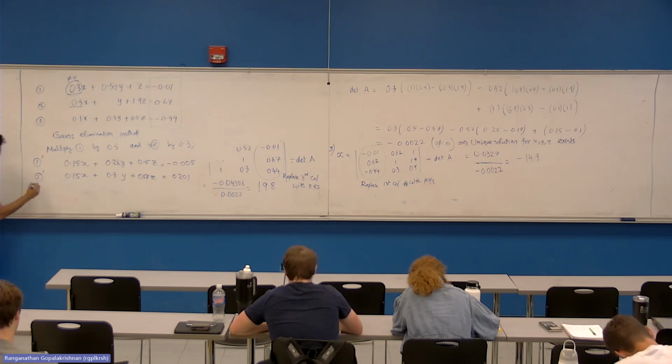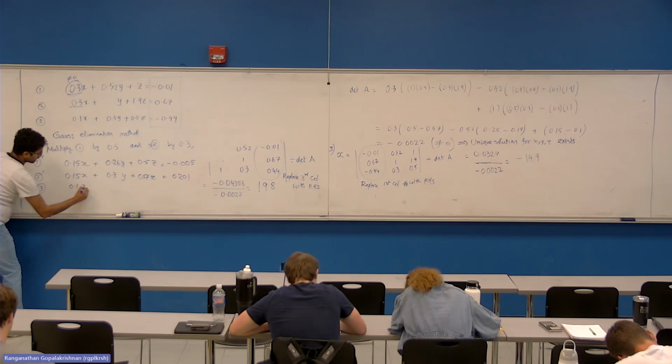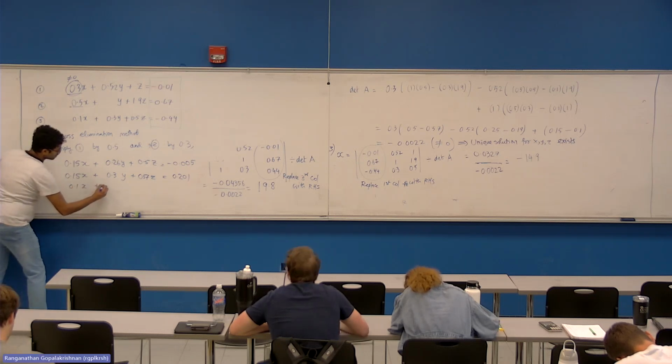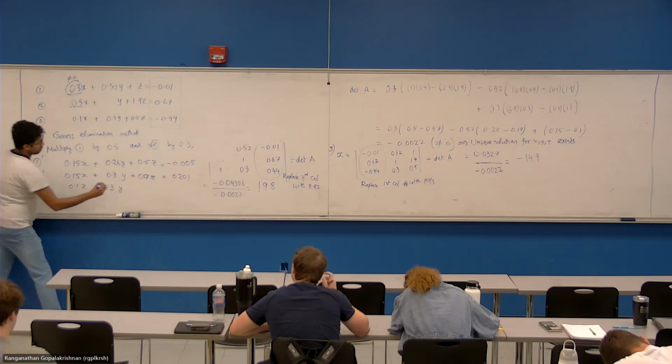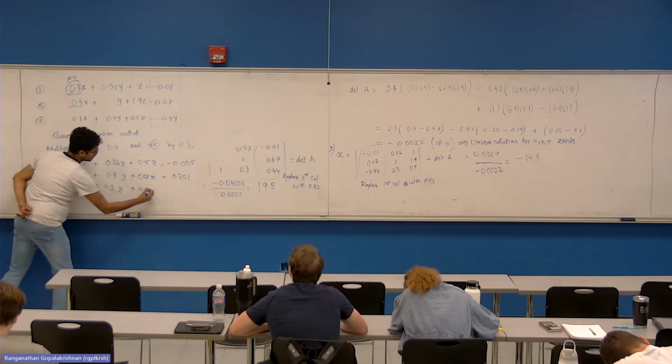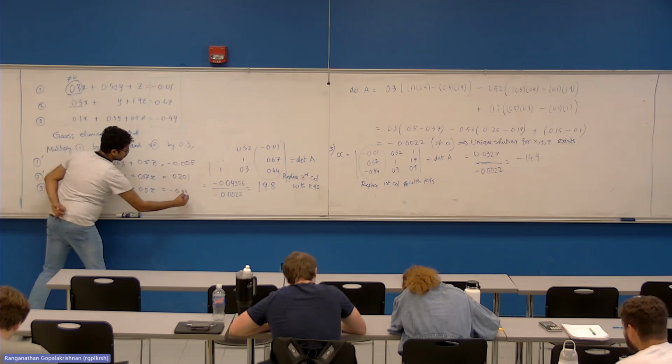And the third equation still remains the same. I'll just rewrite it here: 0.1x plus 0.3y plus 0.5z equals minus 0.44.